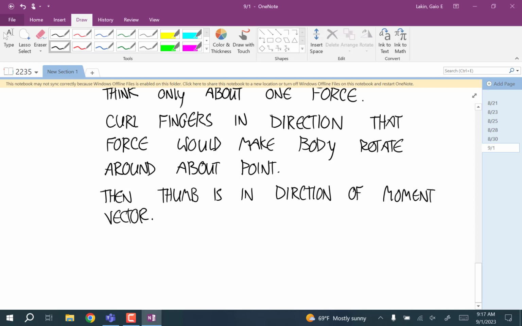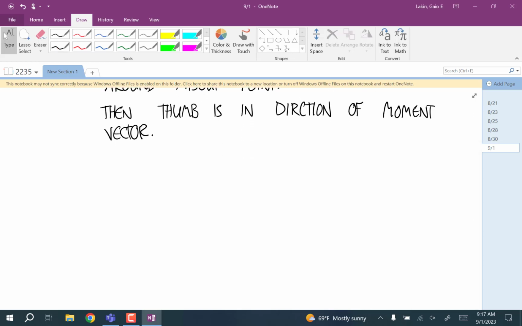Okay, so let me draw this. Let's think about the case we just did with the bolt. So this is the about point. This is the force vector.